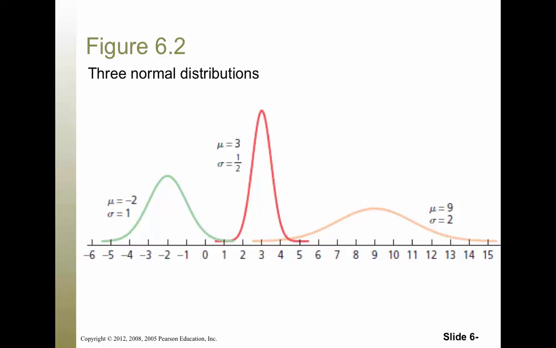So if they're more spread out, what about the frequencies? Lower, right? If stuff is more spread out, then any given value of the variable is going to have overall a lower frequency, and then we see that, right? So for a greater standard deviation, stuff is more spread out, so it has overall lower frequency.